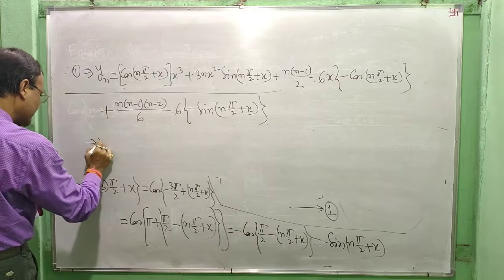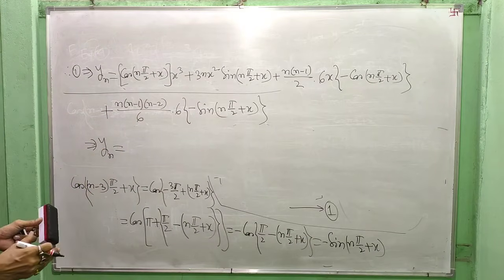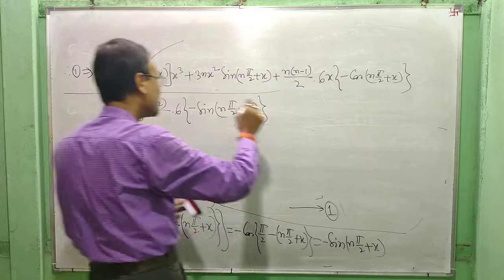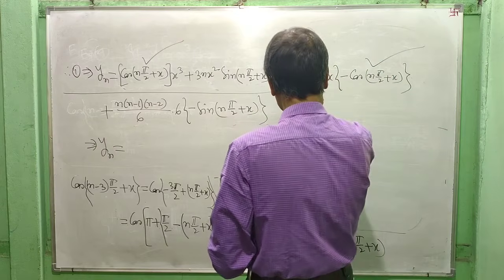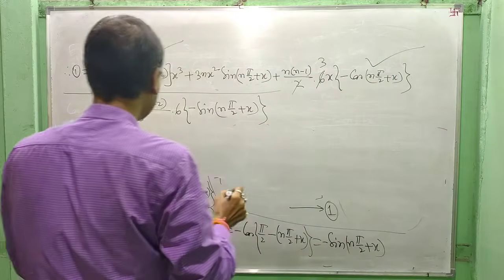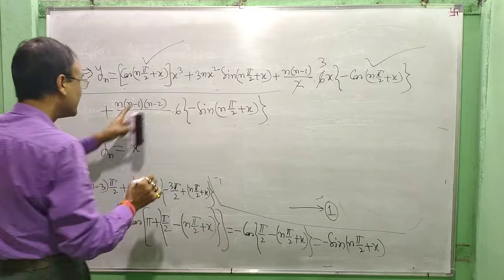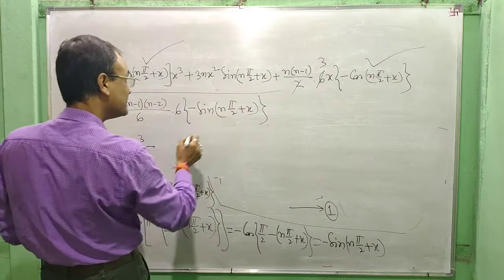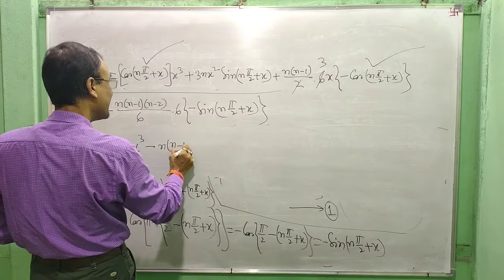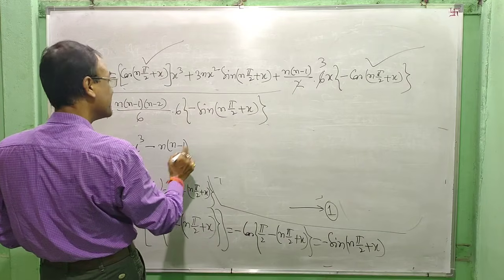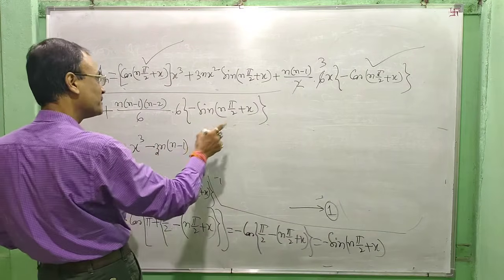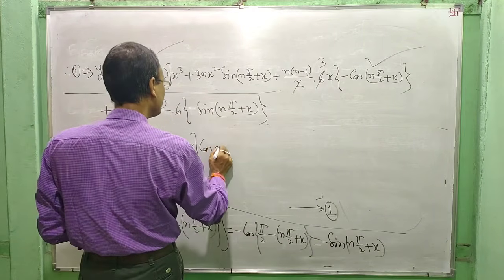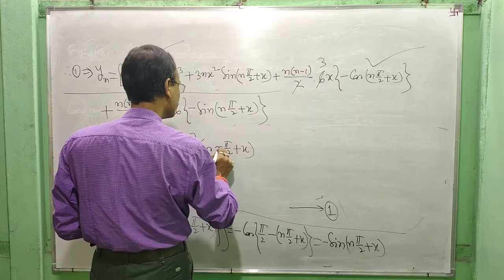Now see, yn is equal to cos of n times pi by 2 plus x, times x cube, minus 3 times n into n minus 1 x into cos of n times pi by 2 plus x.